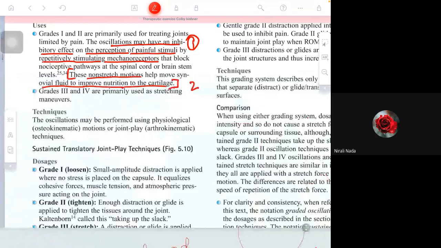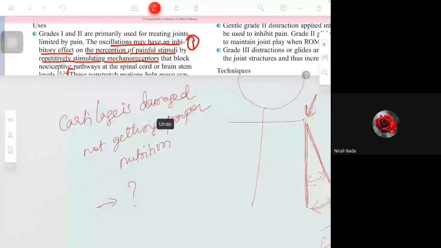Are you understanding my question? Cartilage is damaged, and if you are not mobilizing the joint, then synovial fluid will not move.